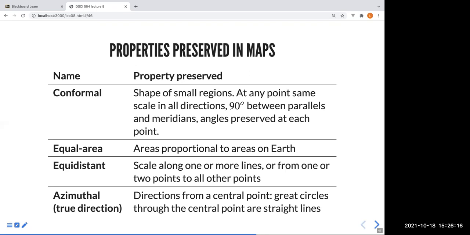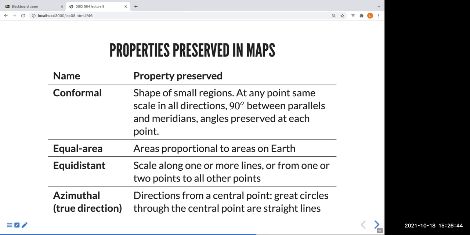And you will necessarily need to have one of these categories, all associated with one particular distortion. So instead of looking at the distortion, because that's not really what people are interested in, you look at what is preserved.